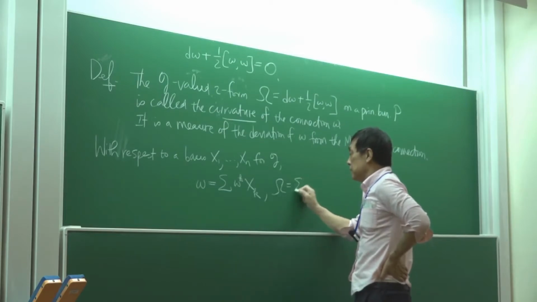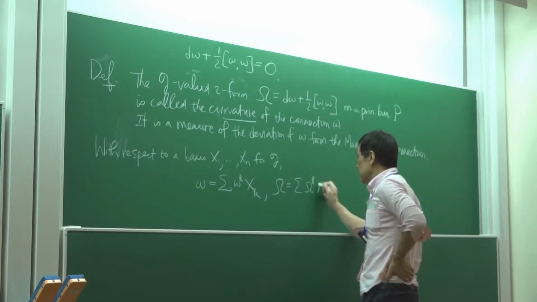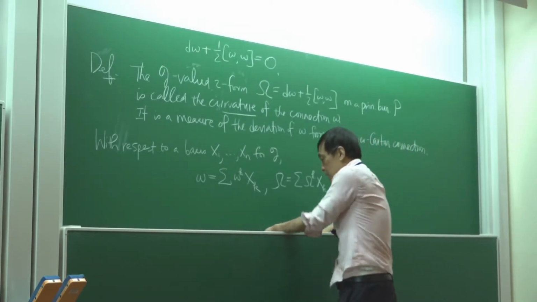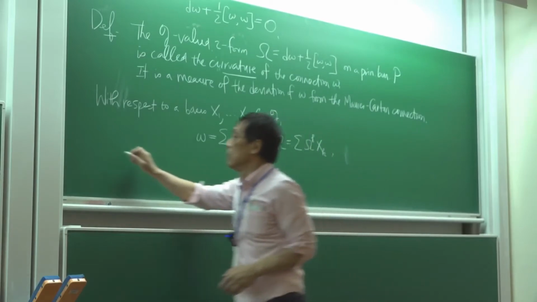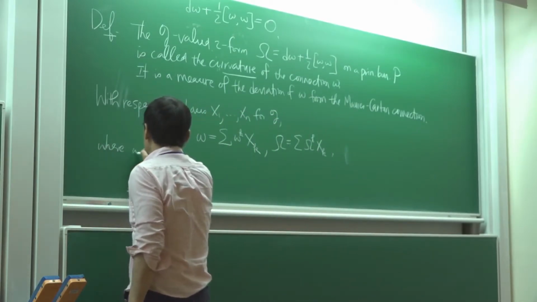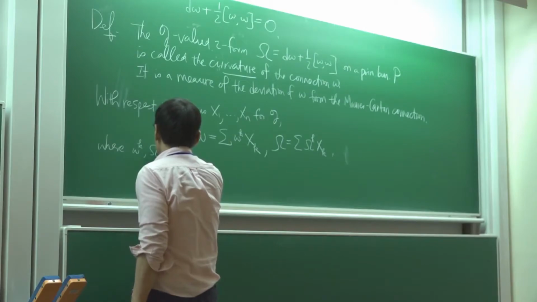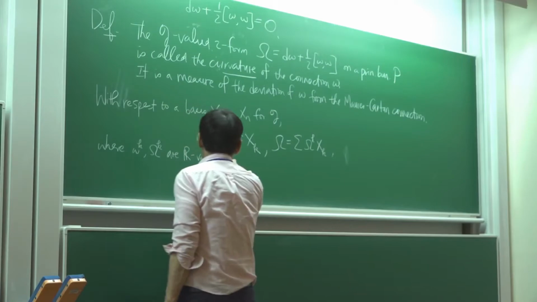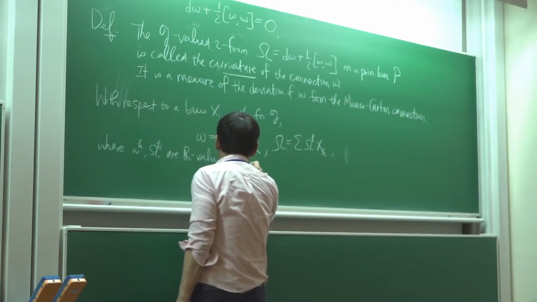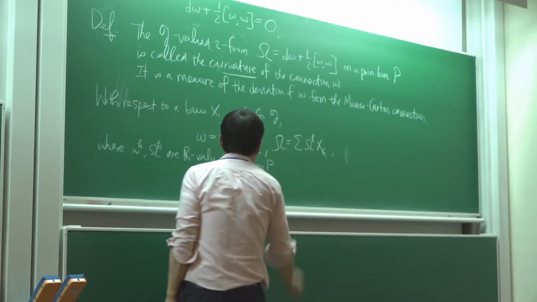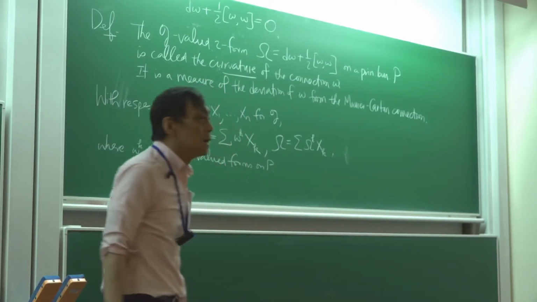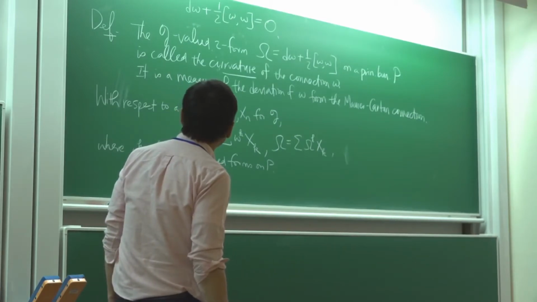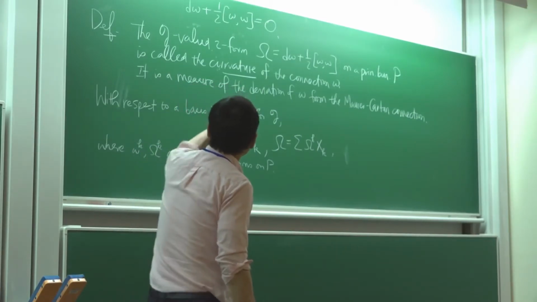And big Omega is a linear combination of the xk's, where omega k and big Omega k are R-valued forms on P. Okay.